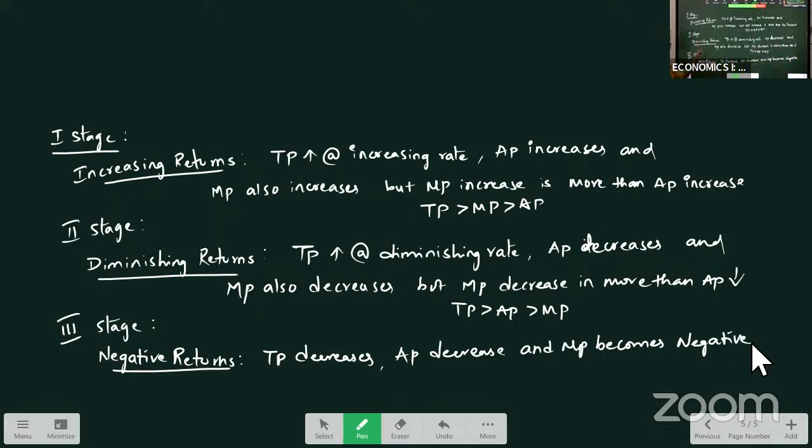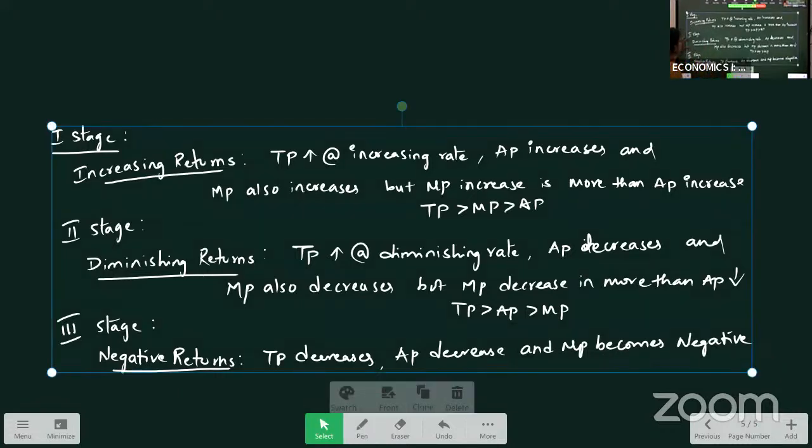When our additional product is negative, that means when we take one extra labor, we are not getting any additional output, so why would we increase our labor? What is the use of increasing the labor over here? So, a rational producer will produce till the point.